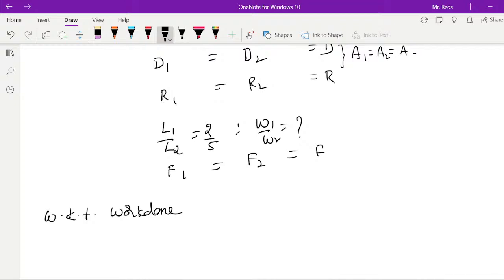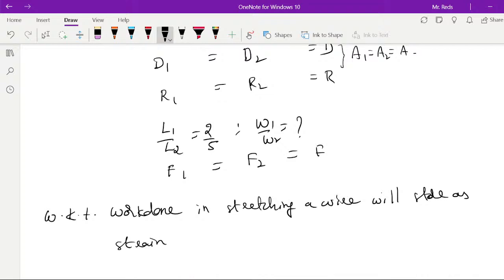So to improve your timing, we know that work done in stretching a wire will be stored as strain energy, or elastic potential energy, right?